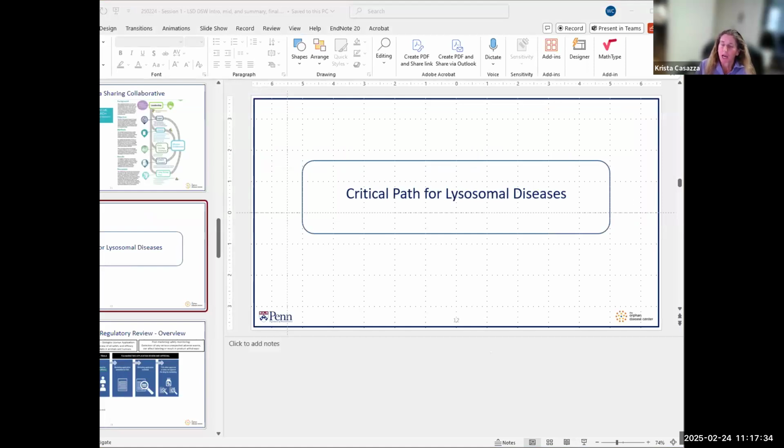And doing so, it is imperative that we have data from multiple contributors. One, obviously, a very important collaboration with CPLD was, in fact, as Kara mentioned, the Cure GM1 collaborative, but also other patient advocacy groups, other registries, industry, and academics.